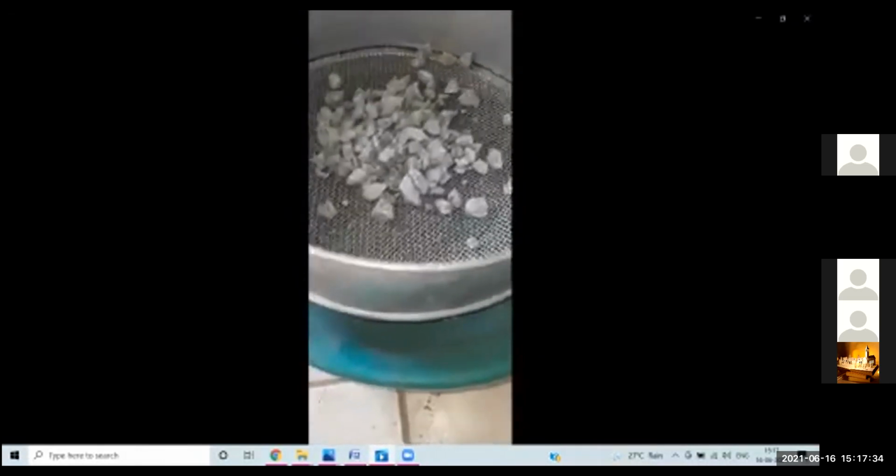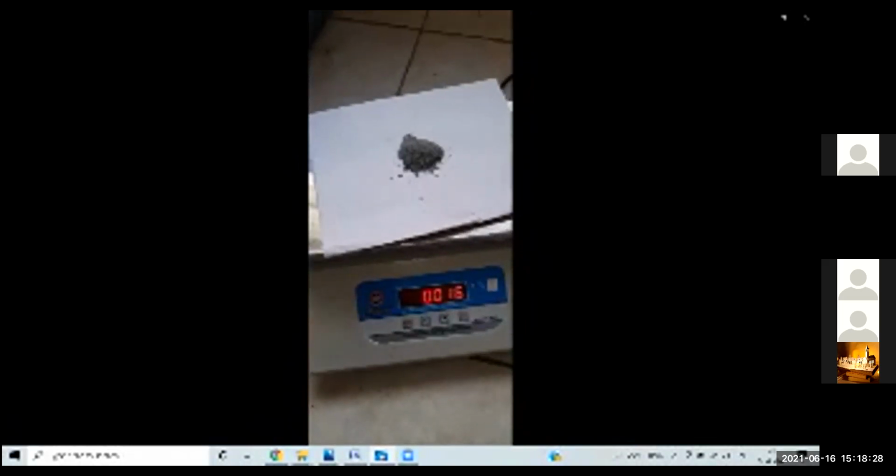Sieve the aggregate through the 2.36 millimeter sieve. Weigh the aggregate passing through the 2.36 millimeter sieve. Weight is 0.016 kg.